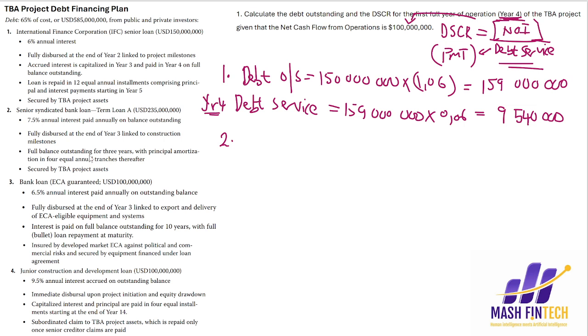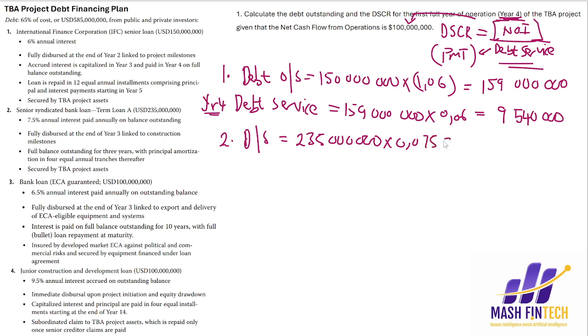And this one is easier because it's just disbursed in year 3. So it has been 1 year since it was disbursed. So interest is only paid on 1 year, which means you take this amount. So in this instance, the debt service, let me just say DS for debt service, is equal to the entire loan amount and the interest percentage, 7.5%.